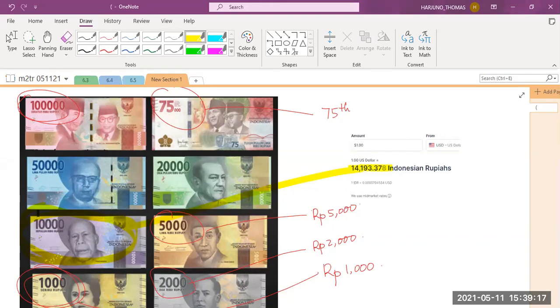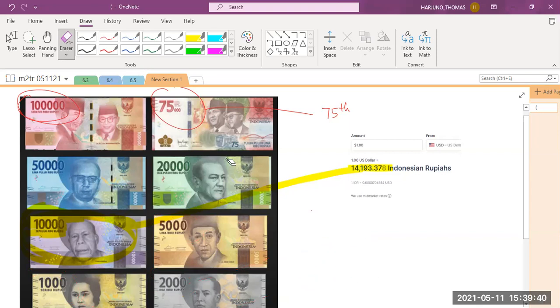What for? Okay, it's not about who you are. It's about what you do. It's not about how many zeros you have on your diploma. It's about what you can do with that diploma. Okay, so you can see here that the largest bill in Indonesian currency is 100,000 Indonesian dollars.